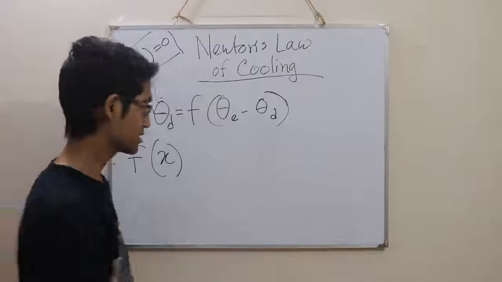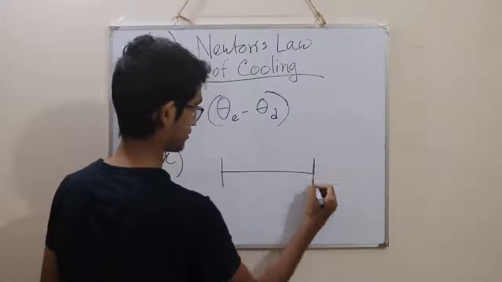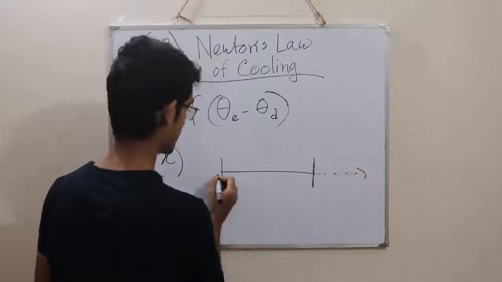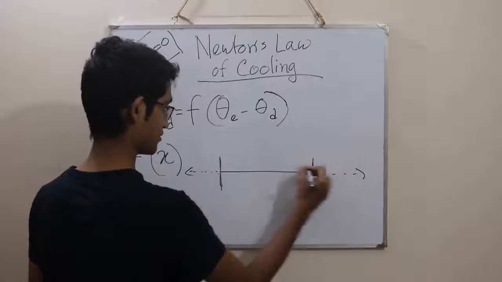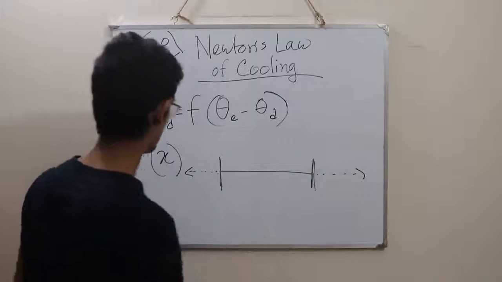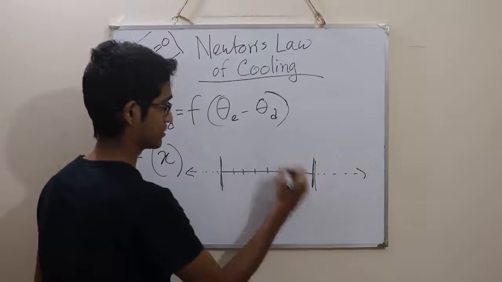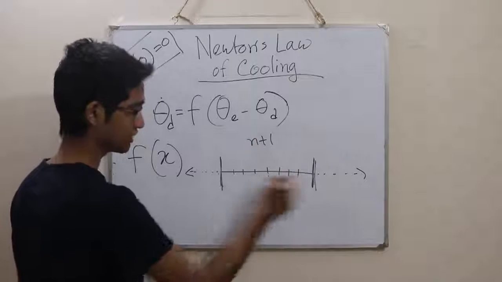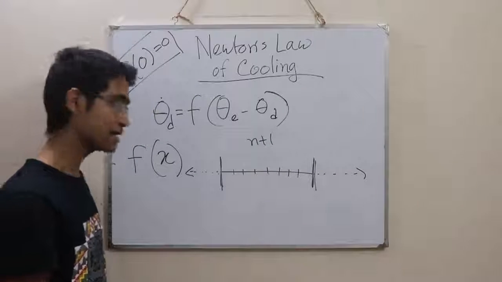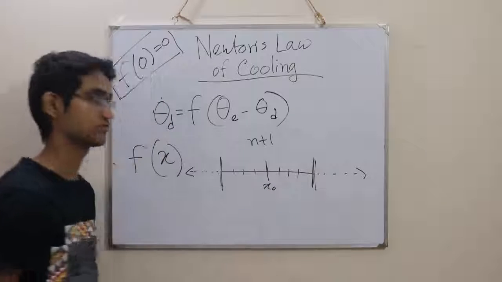Let's say there is an interval. The number line extends here and here. There is an interval, and the function f of x can be differentiated at n plus 1 points in this interval. And this interval also contains a point named x naught.